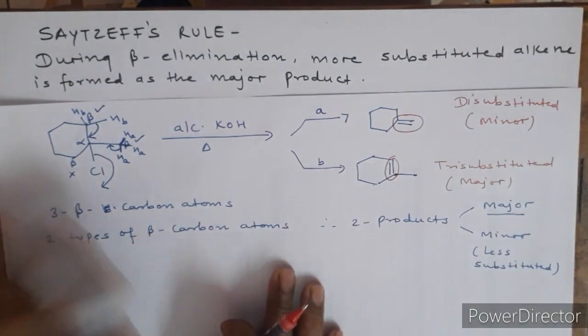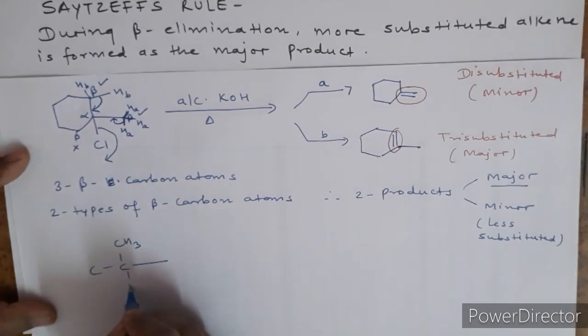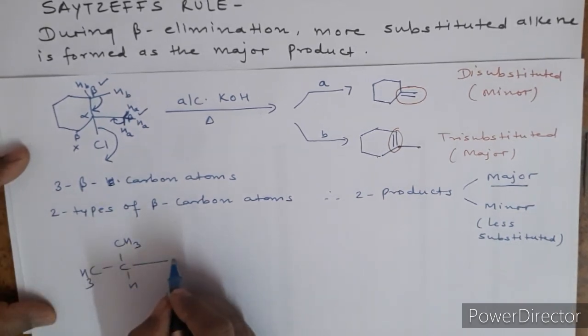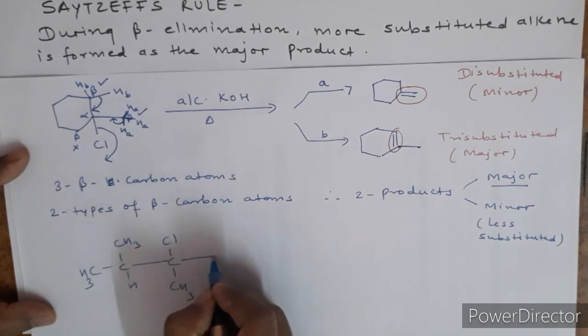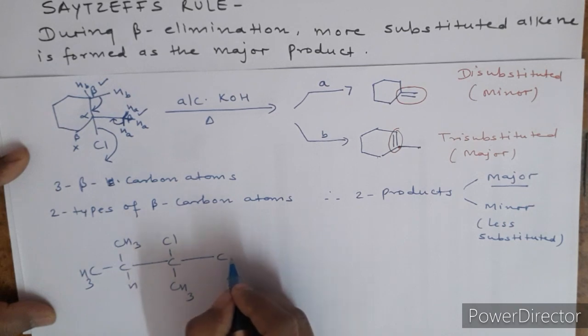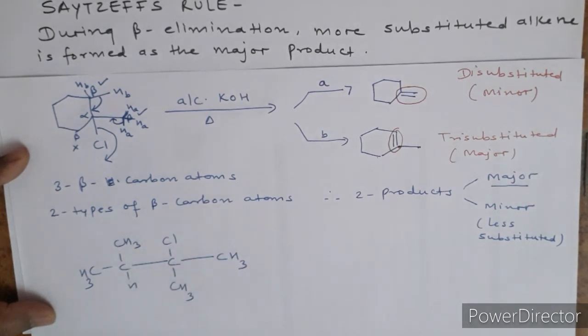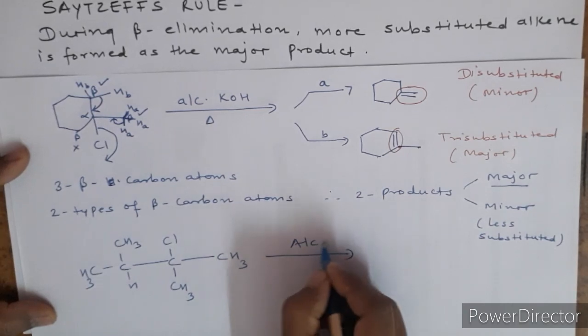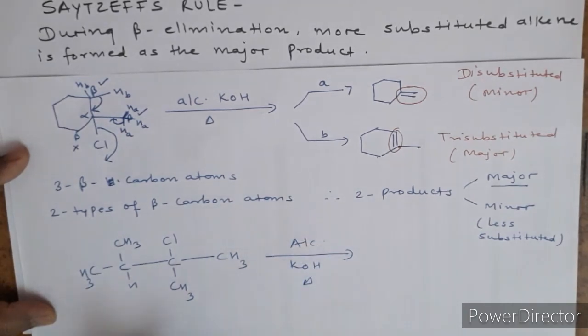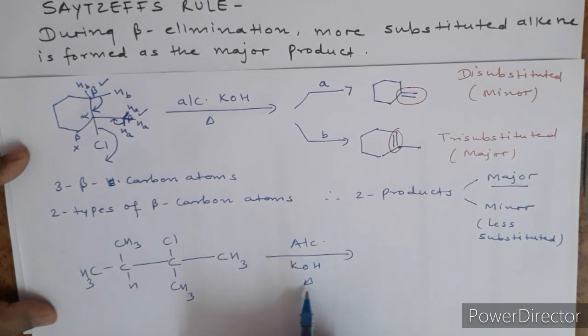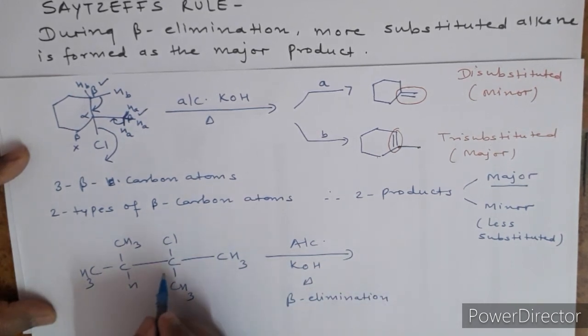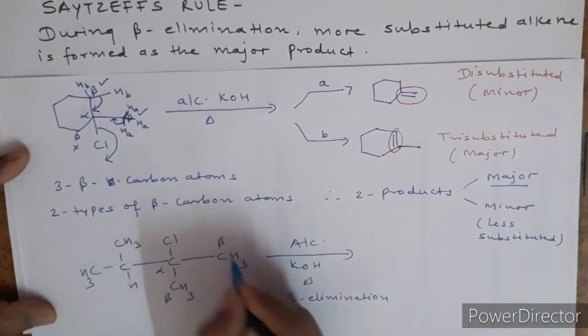Alright, let's take one more example. Now this one is a straight chain compound with different carbon atoms. Let us label first the alpha carbon atom. The alpha carbon atom is the carbon which bears the functional group. Please remember that. Okay. So the reaction is beta elimination. Now here the alpha, the beta, and the beta.